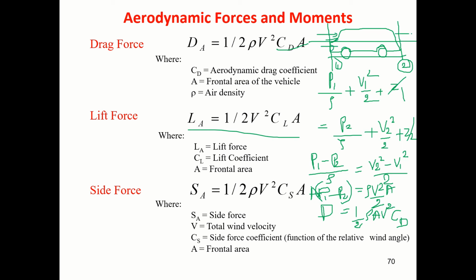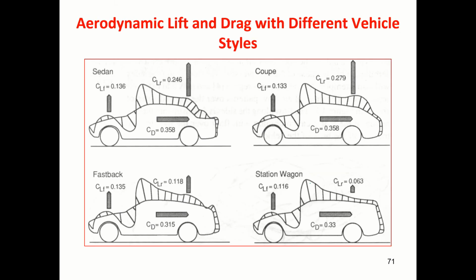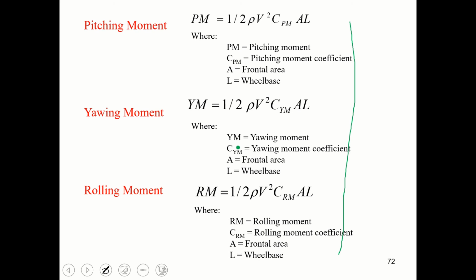Pressure drag, right? The same way you can do it in this direction, that is lift force. Then the same thing you can do along this direction, that is side force. Okay, right? Again you can divide front and rear, and you can find out all these things.